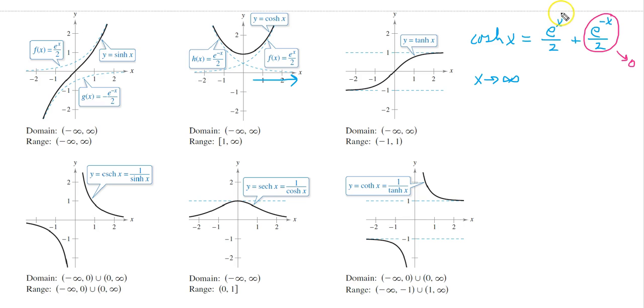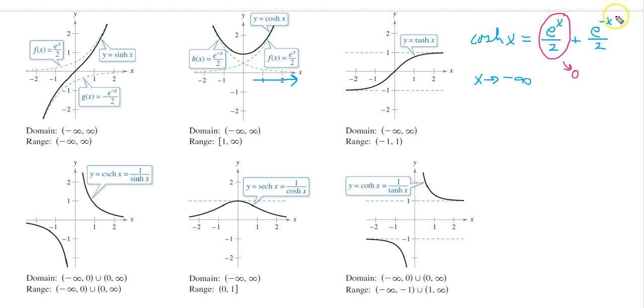And so the graph of Cosh will essentially become this piece. So you see how the graph of the black curve, the Cosh, hugs that dotted line as we move towards positive infinity. Now as x approaches negative infinity, well, in that case, this piece right here is going to be going to 0.